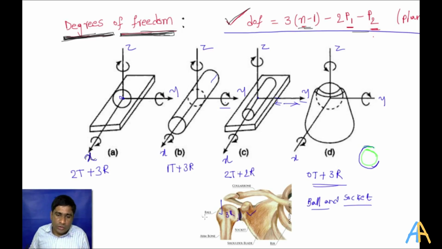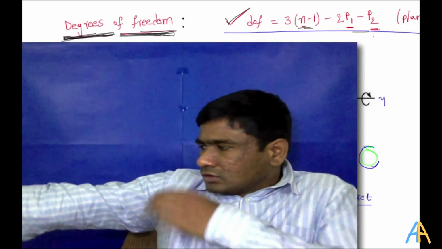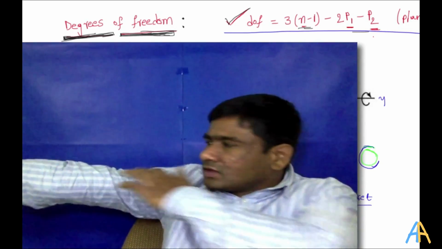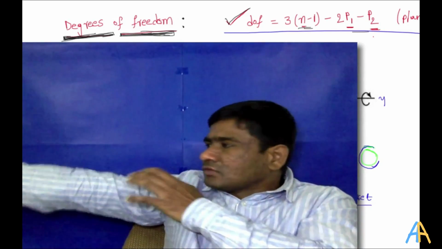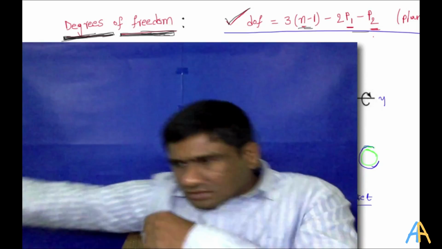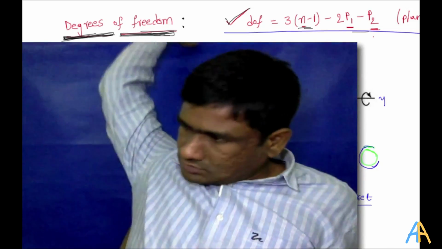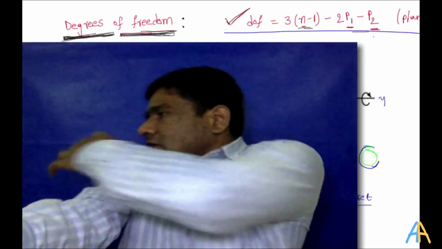How are these 3 rotations? For example, one axis is like this, and one axis is along this, and one axis is coming out of the plane. So for example, if I consider one axis along the hand, what is the rotation of this hand about this axis? That should be like this, we can make rotation like this, right, about this axis.